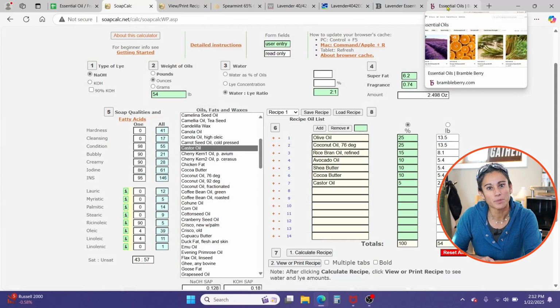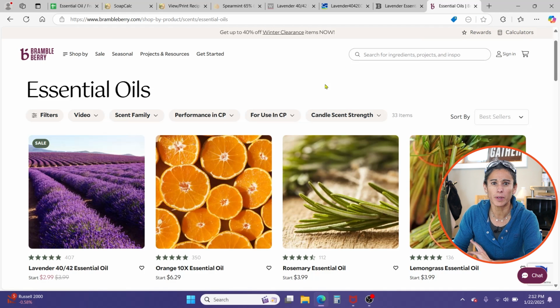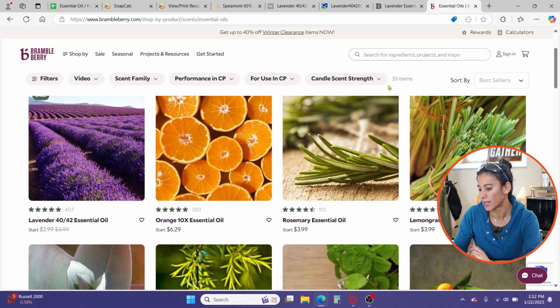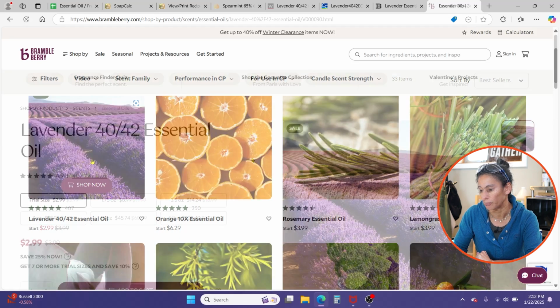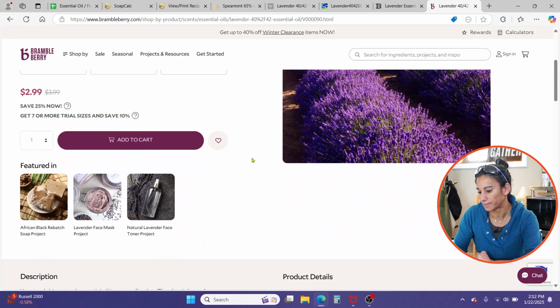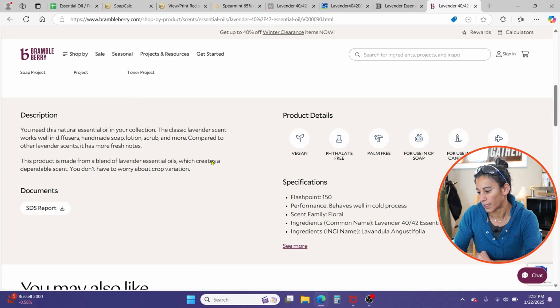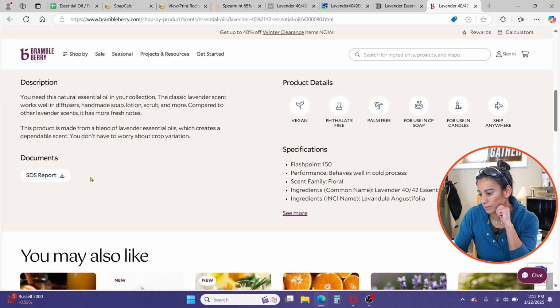All right, so the last place we're going to look at is the Brambleberry website. Now, Brambleberry is a really common place for people to buy all their fragrances and essential oils. They don't have as many essential oils as they have fragrances, but let's take a look at their lavender 4042. All right, when I go in here, I see that there is an area that has documents and they have the SDS report, but they do not seem to have the IFRA information.